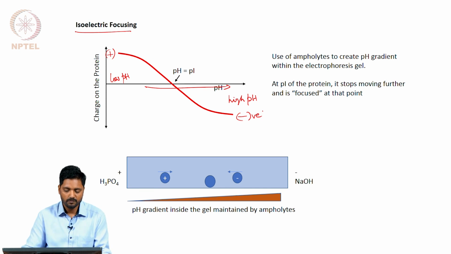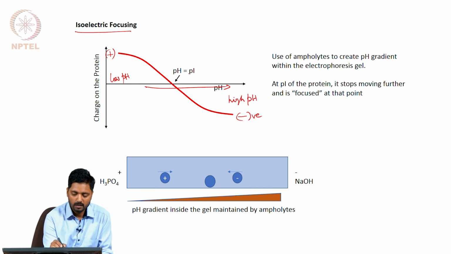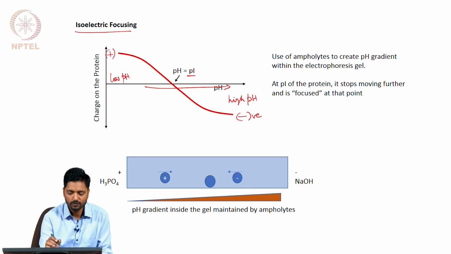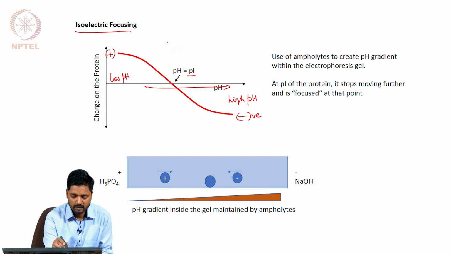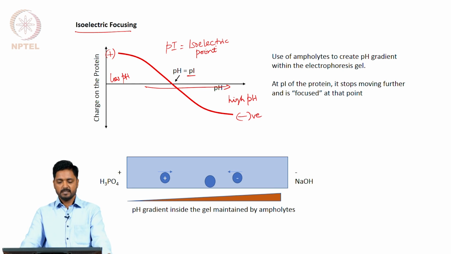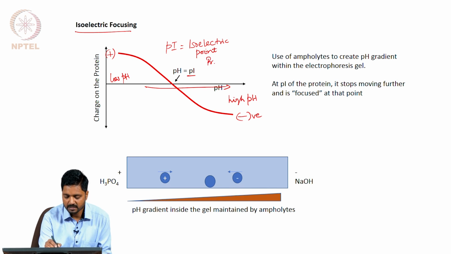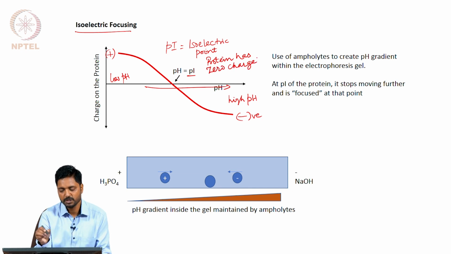Of course, we would be passing through a point where the pH is equal to the point of zero charge or the isoelectric point, and this is the point at which the protein has zero charge.